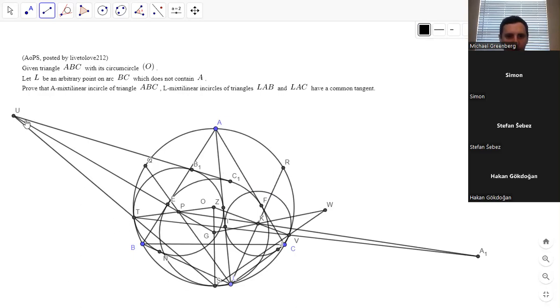Because we know that this segment is the reflection of UTS over this. So maybe using. It isn't. Oh yeah, you're right. It's not.